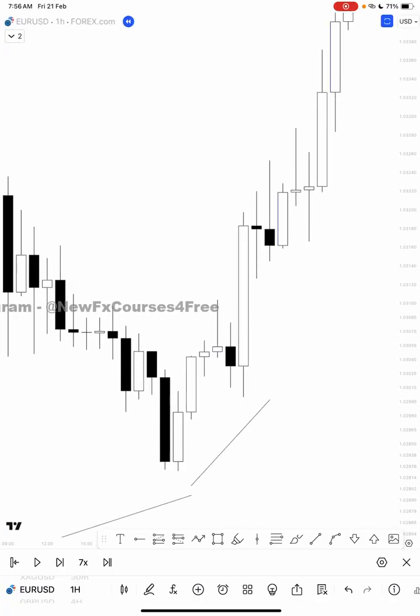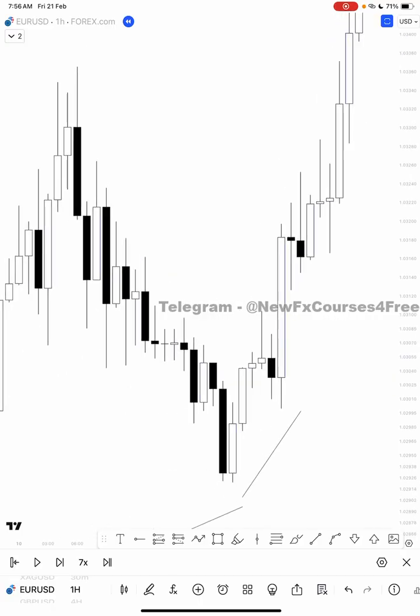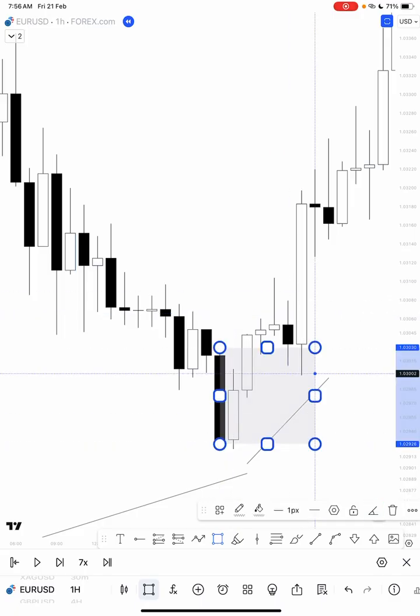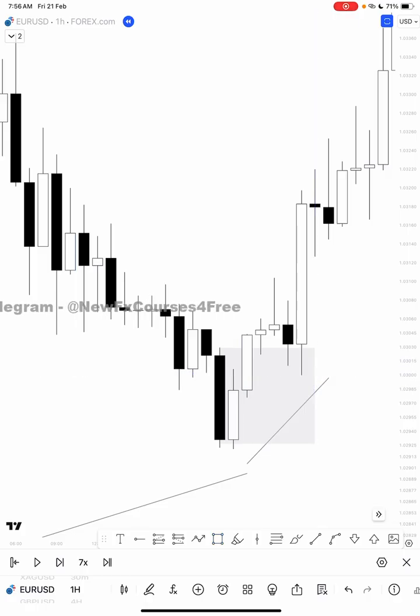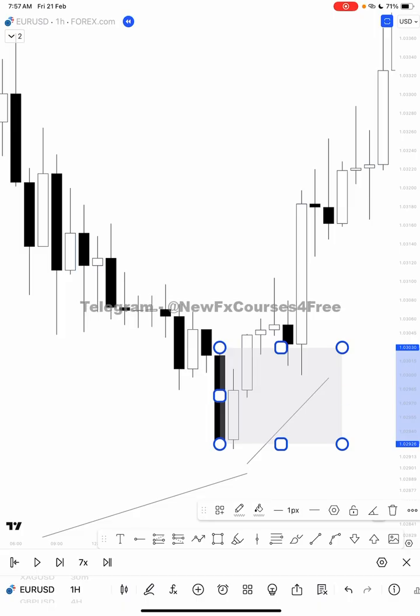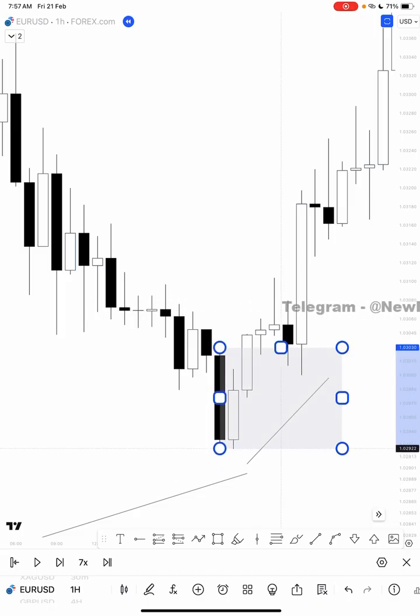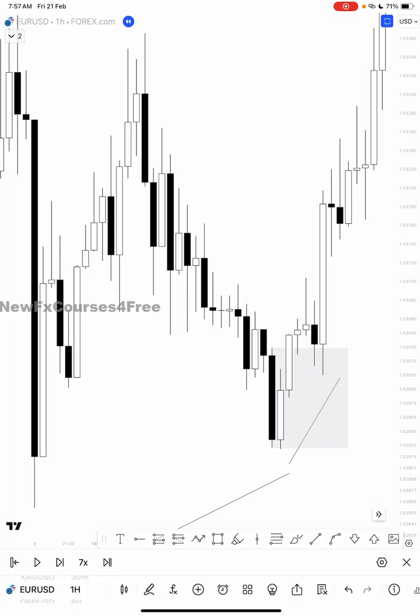So here, this is actually a high probability order block. This order block over here. Let me highlight this. So this is actually a high probability order block. Why is it high probability?